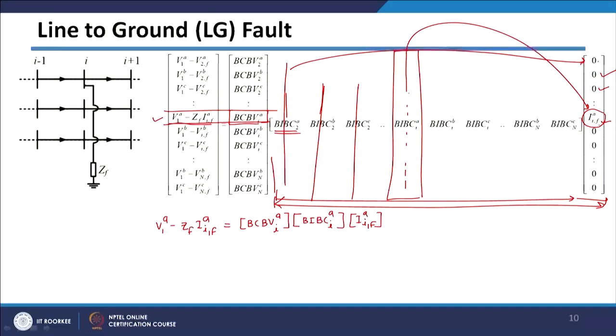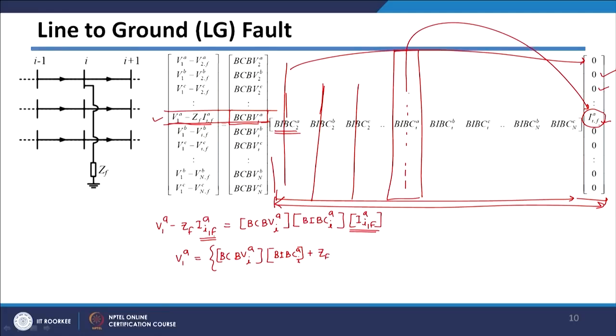Now if you see, this equation is in terms of the fault current. Here we are getting this fault current, and here also. If you simplify it, you can say V1A will be equal to this one row, BCBV row times BIBC column for IA, plus ZF.